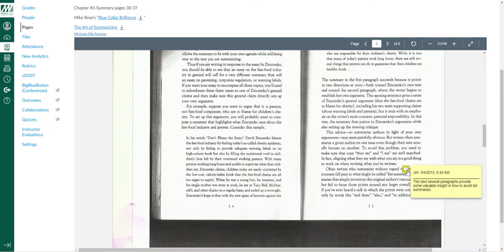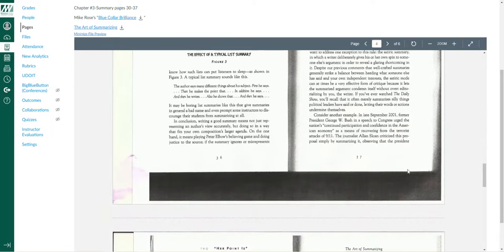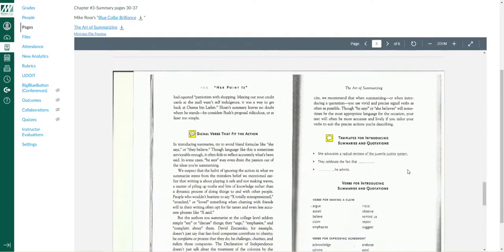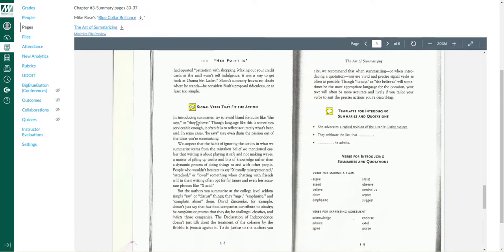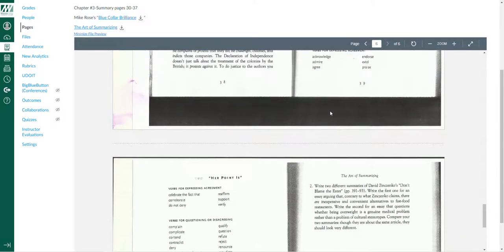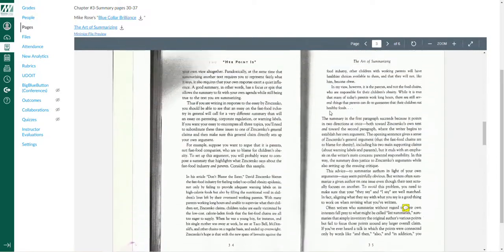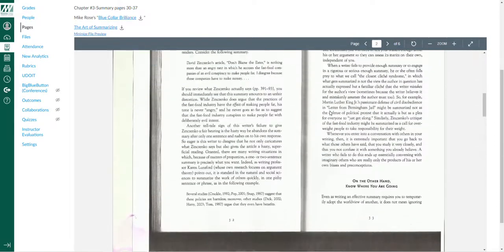How do we also avoid some of the traps in writing summary, and how to go about, in many ways, developing a pattern or a way to use the signal verbs here for action when you introduce your speakers in your summaries. Here is in the templates that you have available to you. So as you move through this reading, you want to be aware of what the authors say on how to go about writing a good summary.